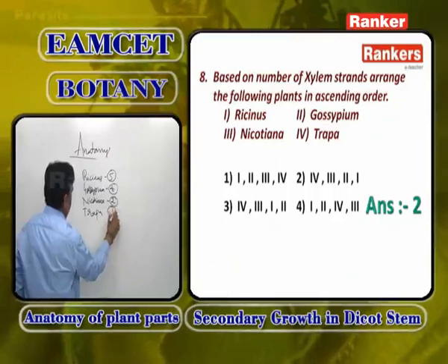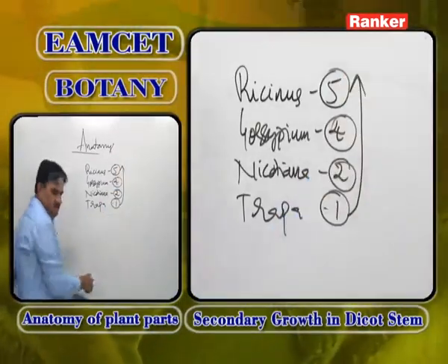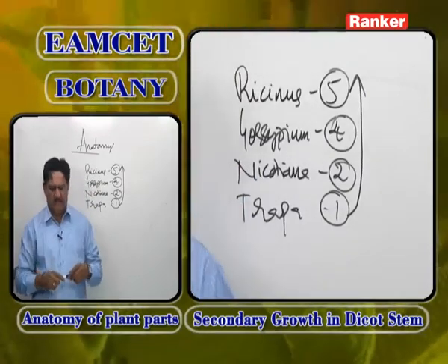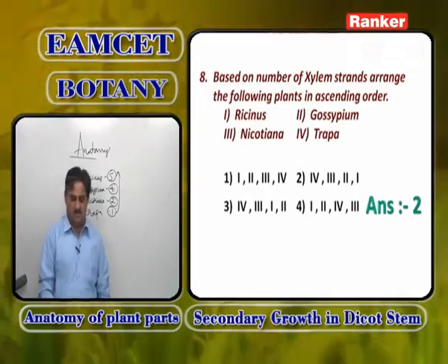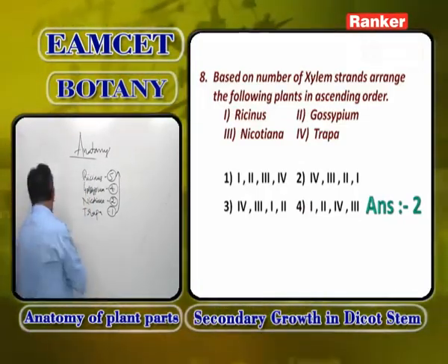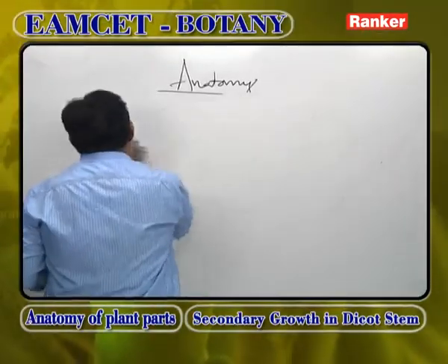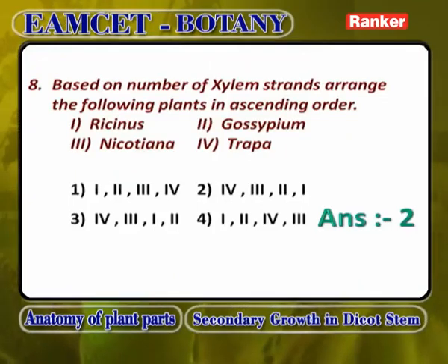So ascending order means 1, 2, 4, 5. That means Trapa is 1, Nicotiana is 2, Gossypium is 4, Ricinus is 5. So the ascending order is the lesser Trapa 1, next Nicotiana 2, next Gossypium 4, and last Ricinus 5. So the answer is 4, 3, 2, 1.